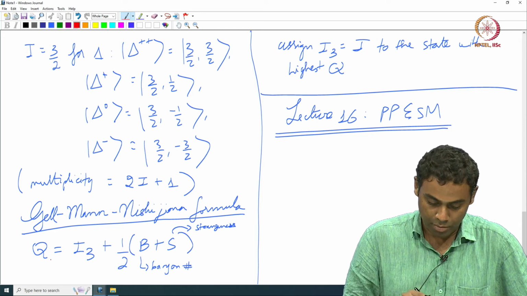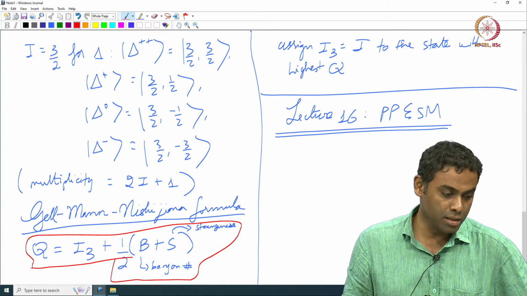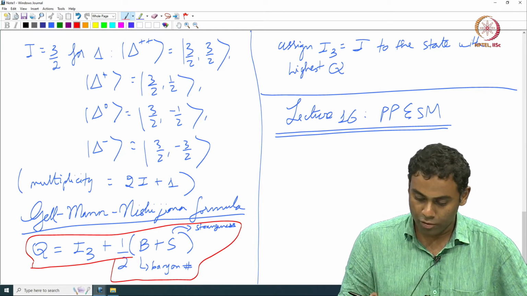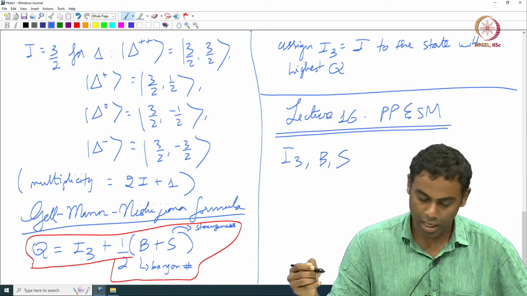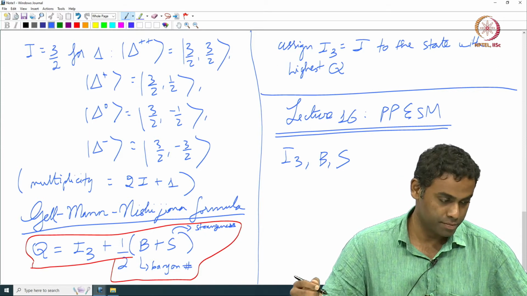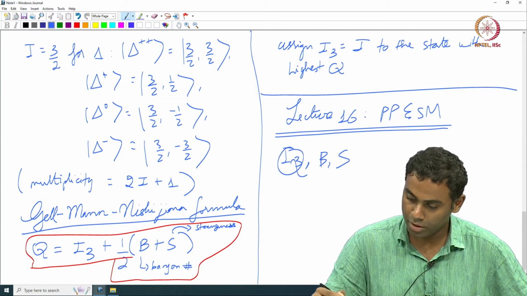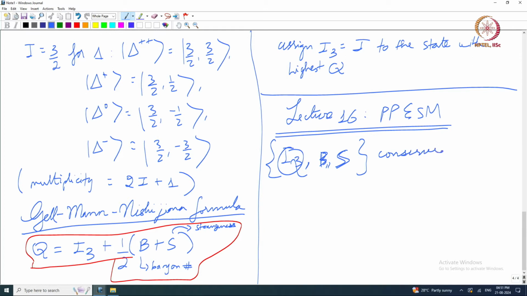One thing you can see from the Gell-Mann-Nishijima formula is that in any interaction where the charge, the baryon number and strangeness are conserved, this would imply that I3 is also conserved, just like you expect spin to be conserved.